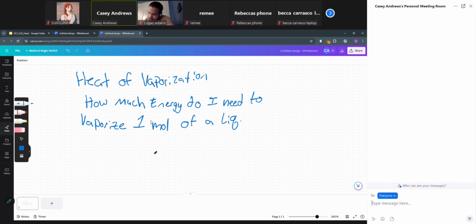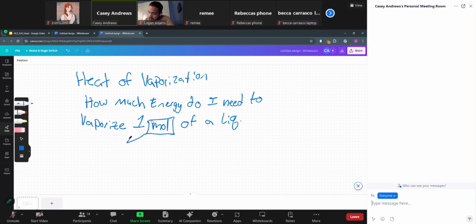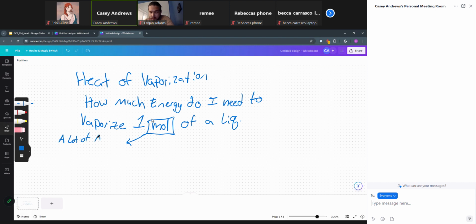And since this is the first time we talked about this unit, just as a reminder, a mole is simply a lot of atoms. That's all it means. Technically, it's 6.022 times 10 to the 23 atoms. That's Avogadro's number. We most likely won't use that number this semester, but it's just a lot of stuff.